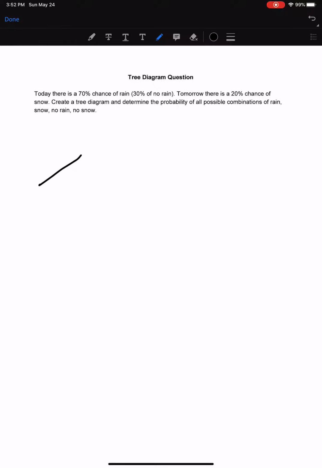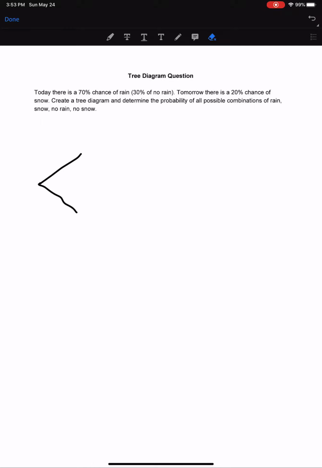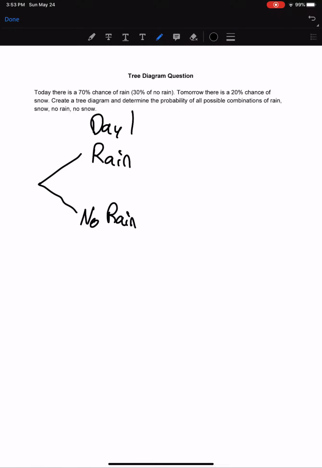So for the first day, sorry, my writing's not great on this tablet. So day one. Day one, we either have rain, no rain. And day two, we have snow, no snow.